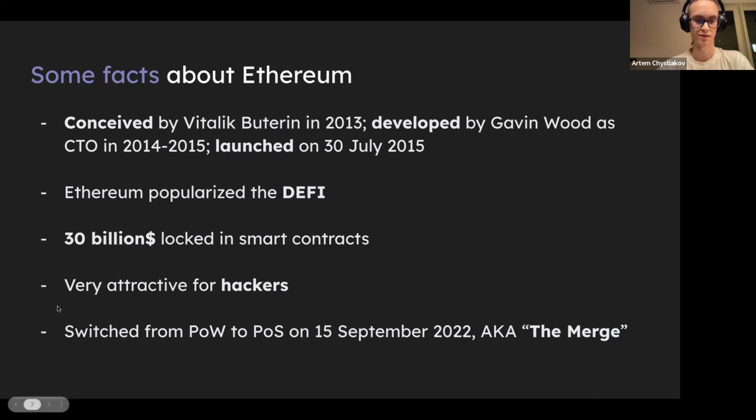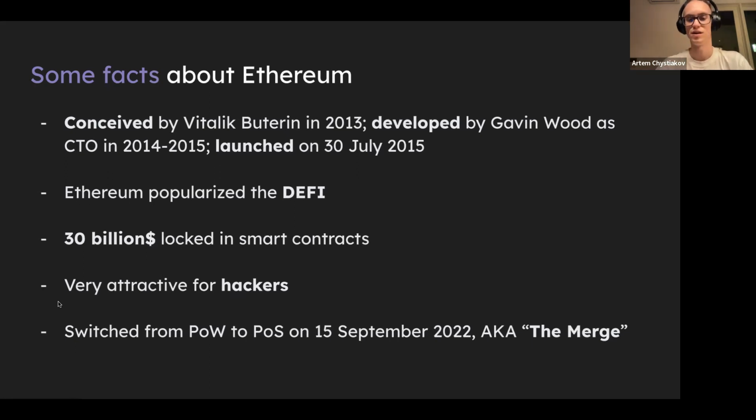Ethereum is really attractive for hackers, not just the protocol itself, but the DeFi aspect of Ethereum. Because DeFi is innovation, DeFi is new, it is really hard to implement. It is complex.